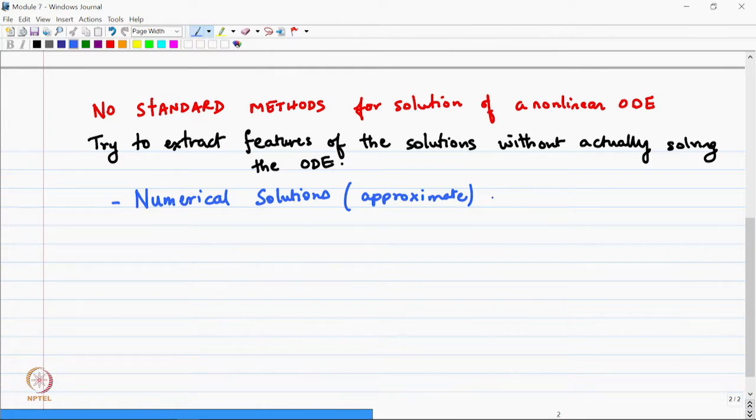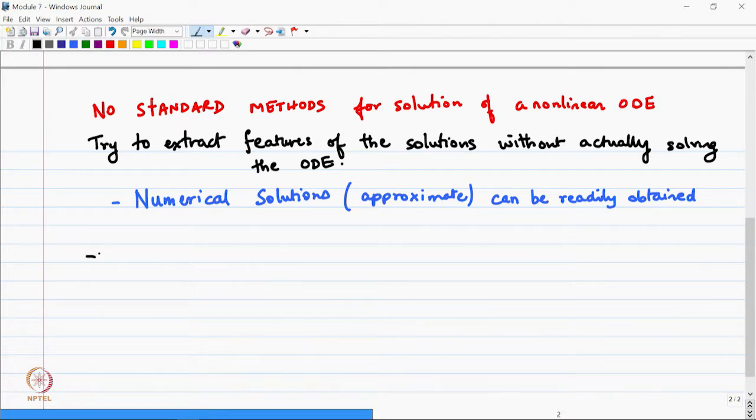So, numerical solutions can be readily obtained using standard computer programs for nonlinear ODEs. Okay. So, this is not what we are doing. What we are doing is, we are not going to look at numerical solutions. We are just going to try to develop certain methods where you can extract features of the solutions without actually solving the ODE.